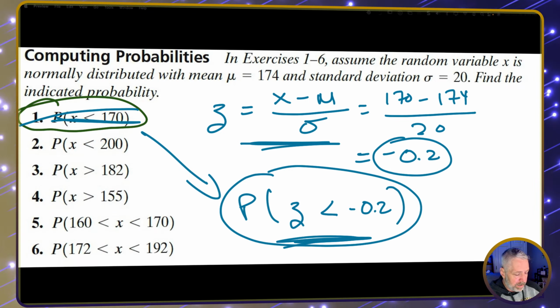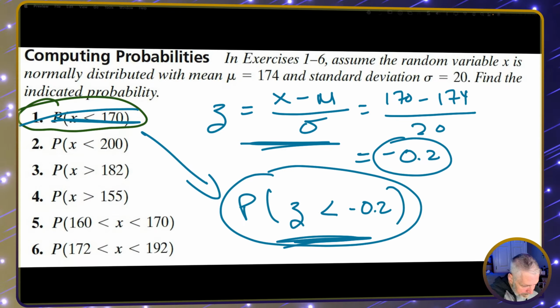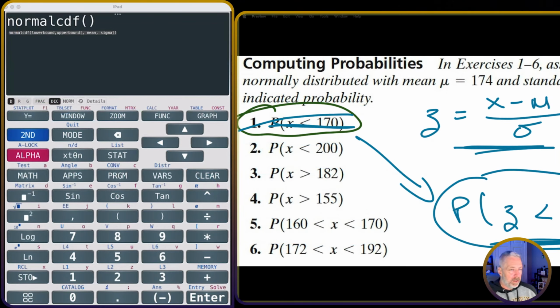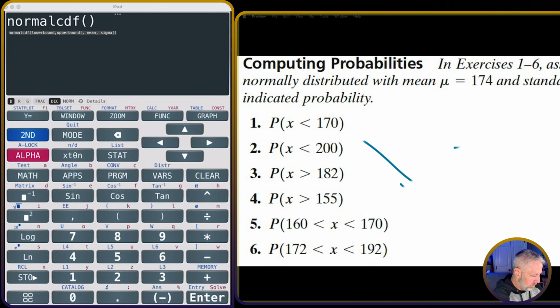Okay, so the probability that z is less than negative 0.2. I still have almost all of that up there. So we're looking for the probability that the z-score is less than negative 0.2.